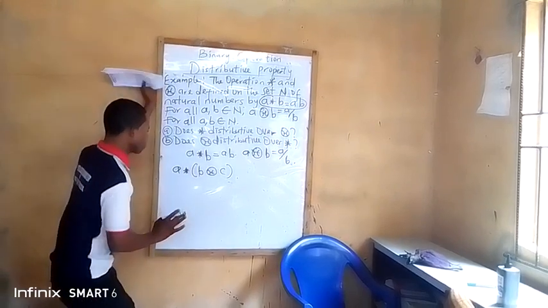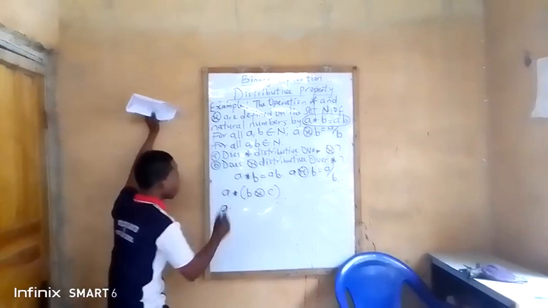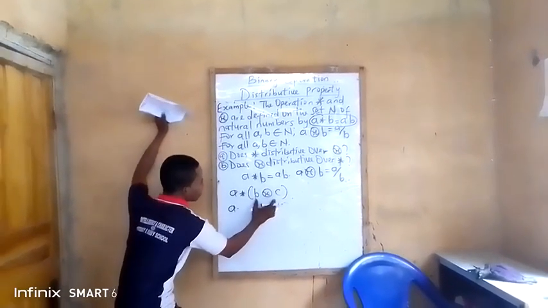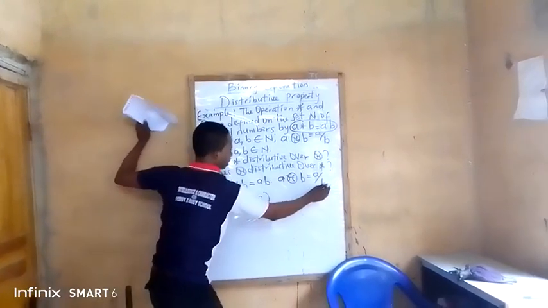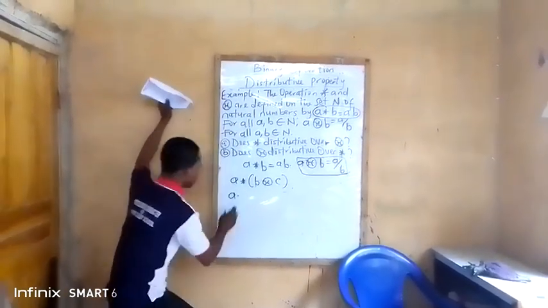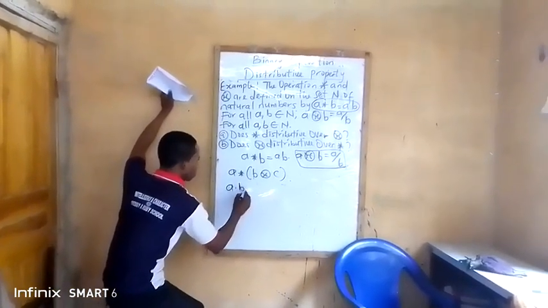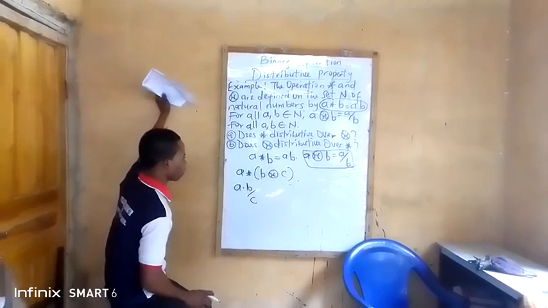Whenever you see circle, it gives division, so b circle c gives b all over c.